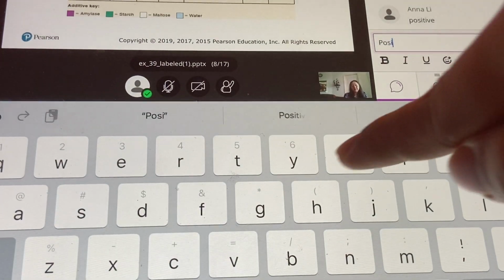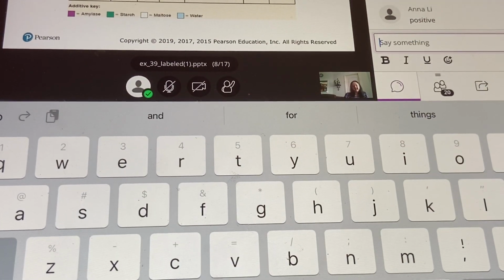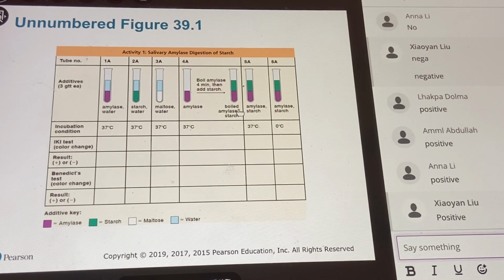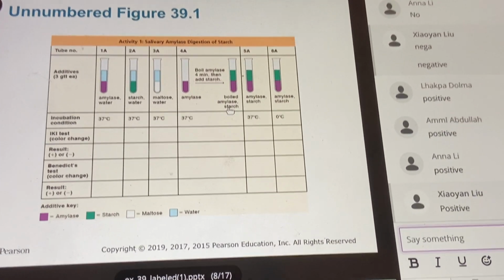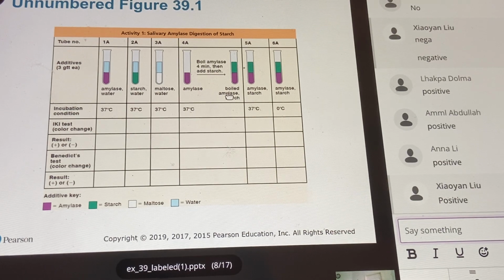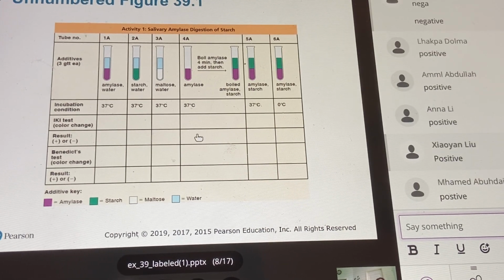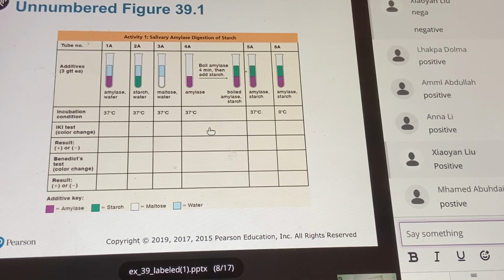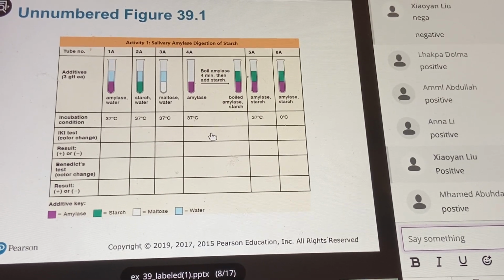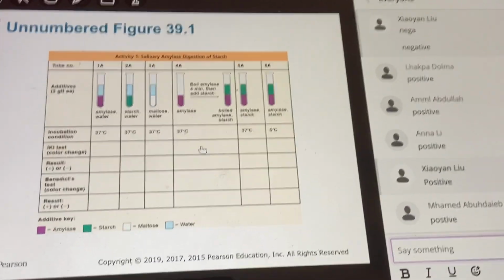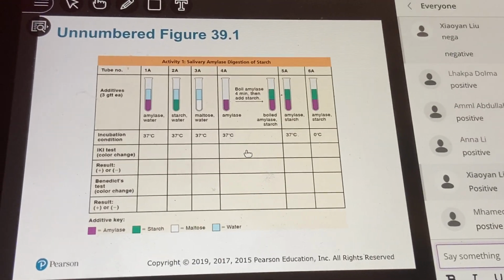What is the color? Positive. Why positive? Because there's starch there. It was not digested, because the amylase is dead. It was boiled. You get that? So this IKI test should have a color change. The color there should be blue black. So it is positive.